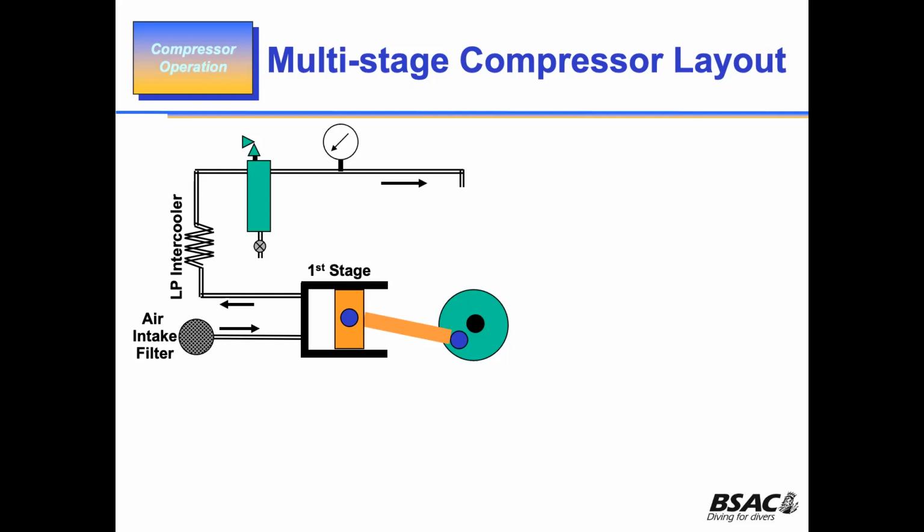Now, what happens to air when you cool it down? You've just heated it up with the compression. Now you've cooled it down. What does air contain? And there's nothing you can do to stop it from containing it. What is in air? Moisture. There might be other things in there, but predominantly it's water vapor.